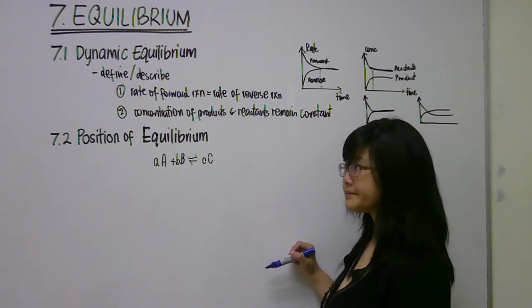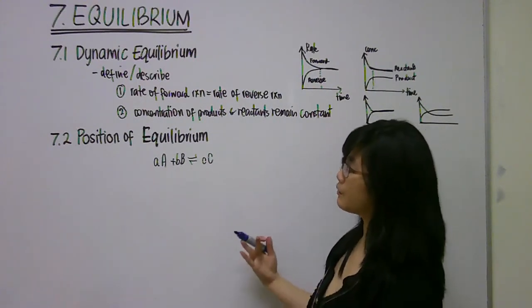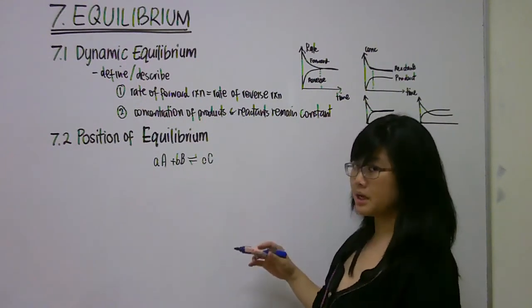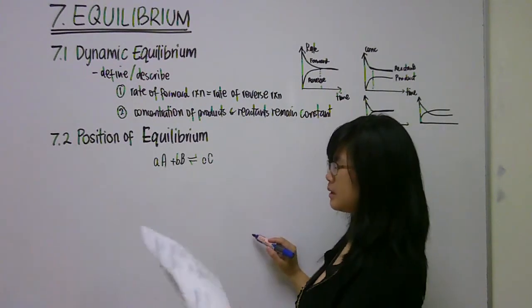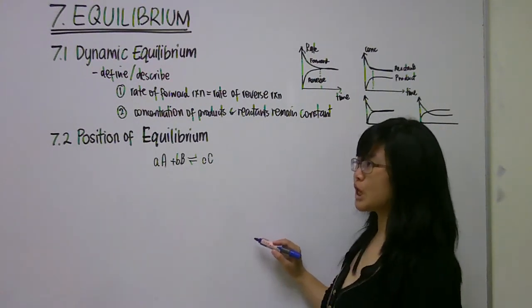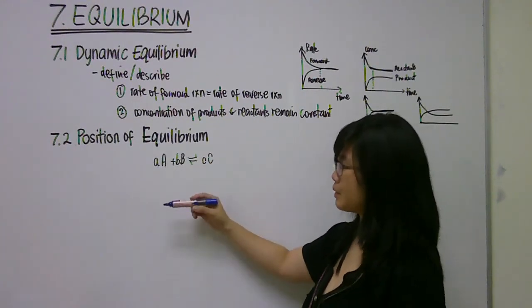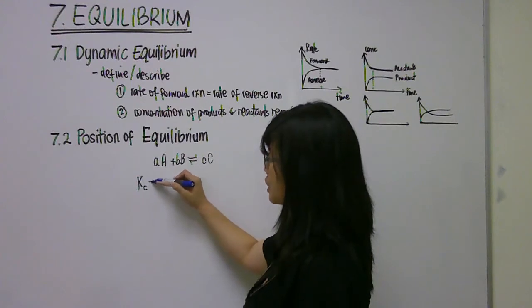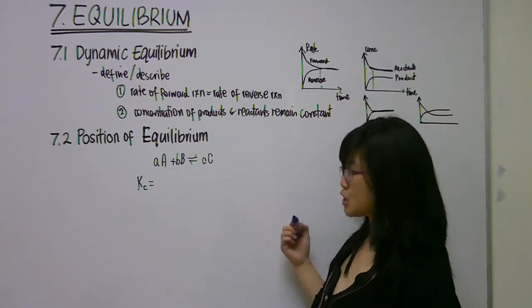This reversible arrow shows that your reaction is a reversible reaction where equilibrium can be attained. Unlike your rate expression in the previous chapter, which can only be determined through experiment, the Kc expression, or the equilibrium constant expression of your reaction, can be determined just by looking at the equation, okay?